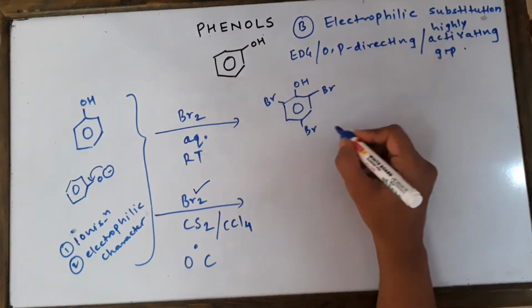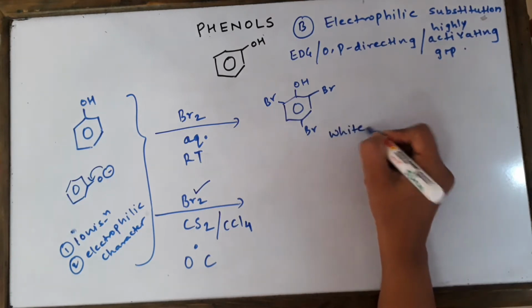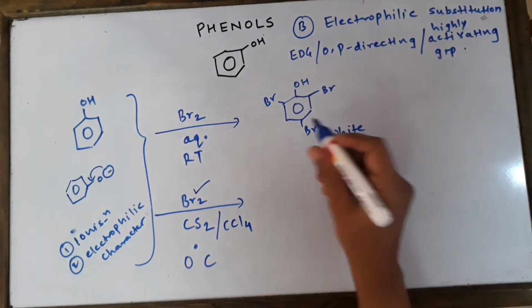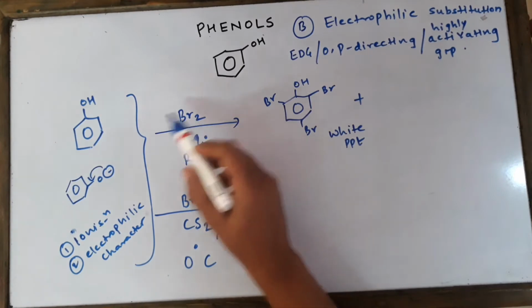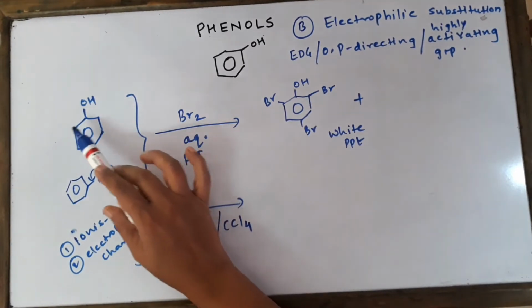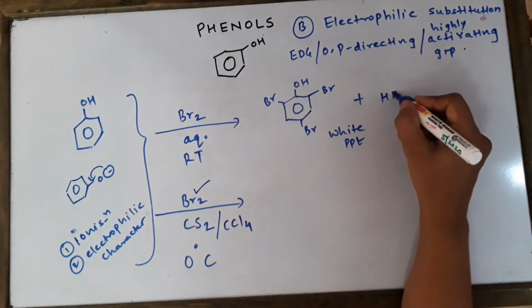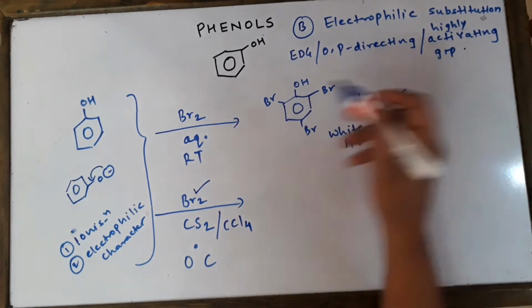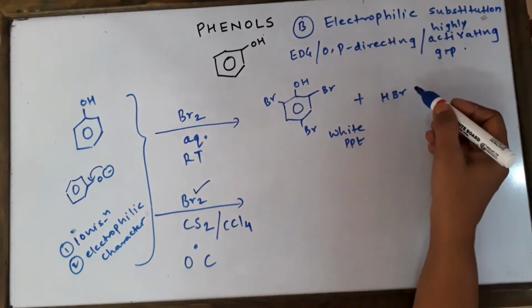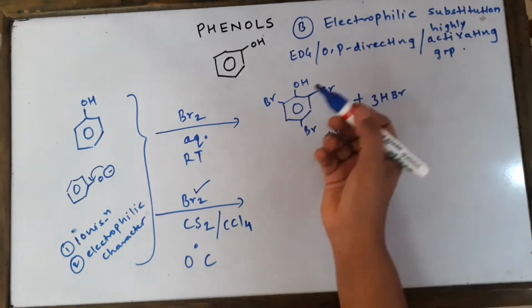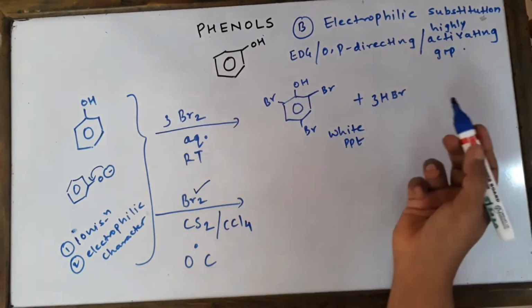So we will get a white colored precipitate of 2,4,6-tribromophenol, and the byproduct is naturally HBr, since H is coming out from there 3 times with the bromine from here. So Br minus and H plus will form HBr 3 times. You may balance it or just leave it like that in the exam.